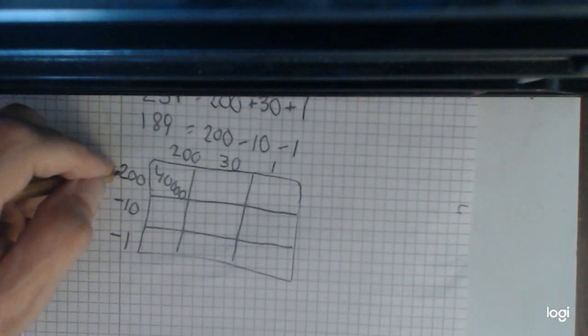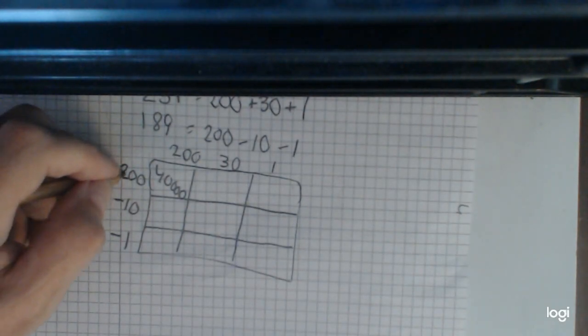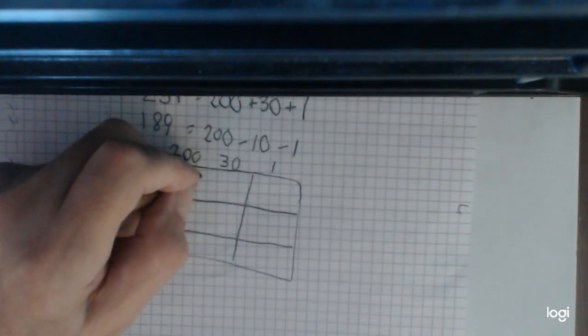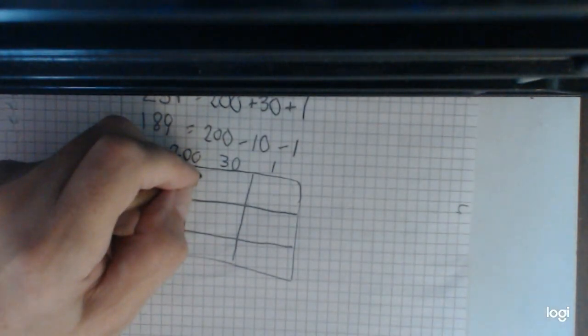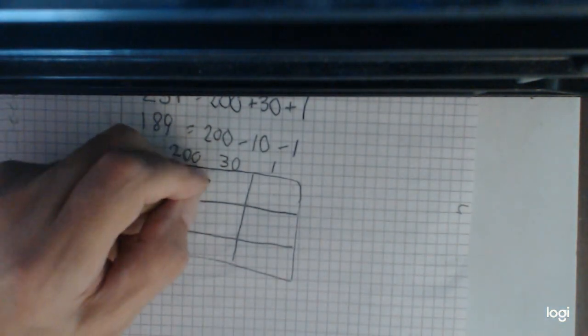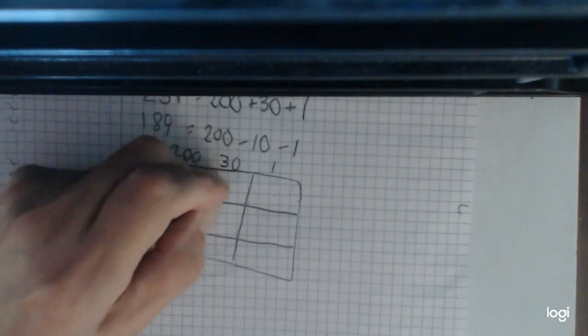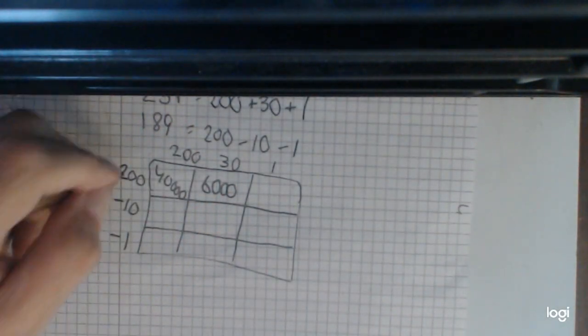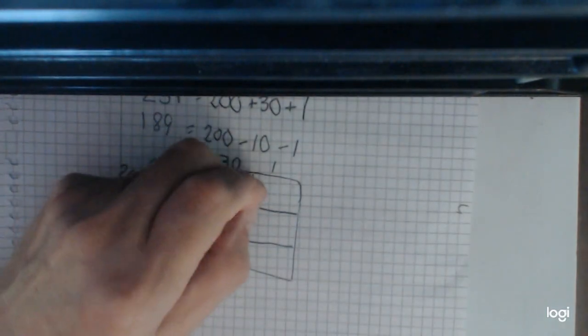This is 6,000. Rewrite it, 6,000. And then you have 200 here.